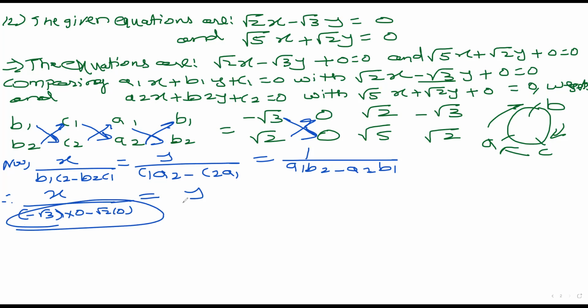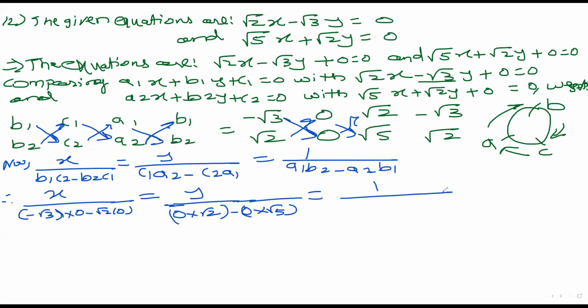Denominator is coming 0, is equal to y upon C1 A2, so 0 into root 2 minus 0 into root 5. And finally you have 1 upon root 2 into root 2 minus root 5 into minus root 3. If you check it clearly, you will notice that these equations cannot be solved.